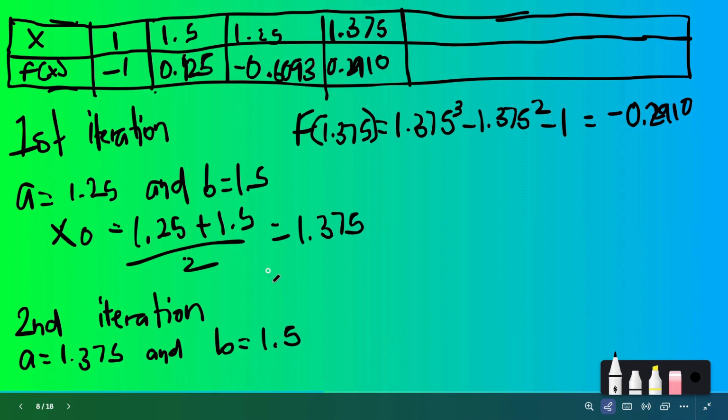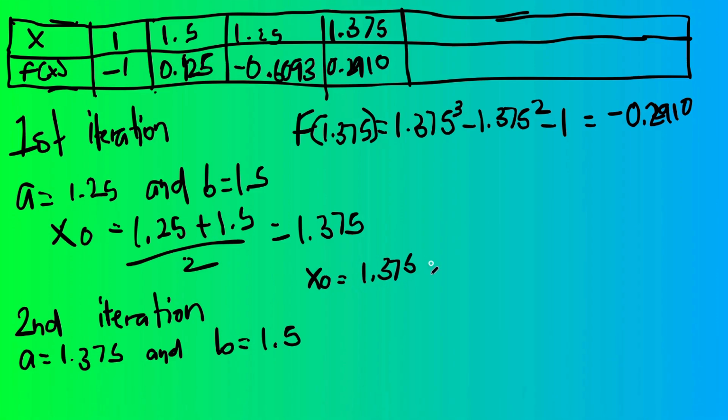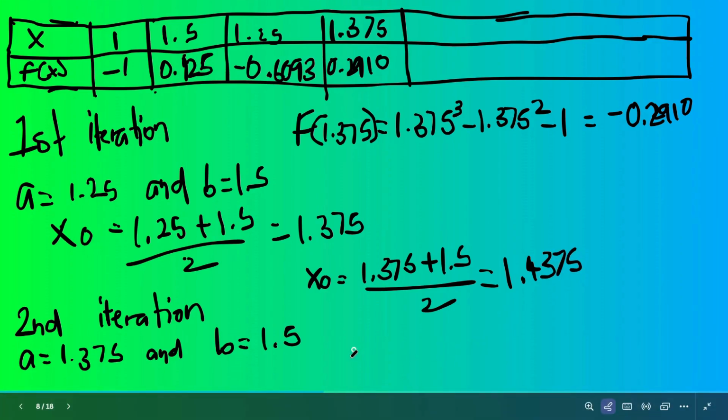So that means x0 equals 1.375 plus 1.5 divided by 2, then how much? Okay, so 1.375 plus 1.5 divided by 2, so 1.4375.